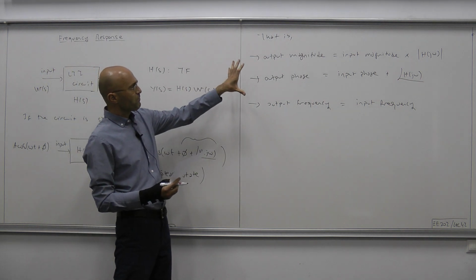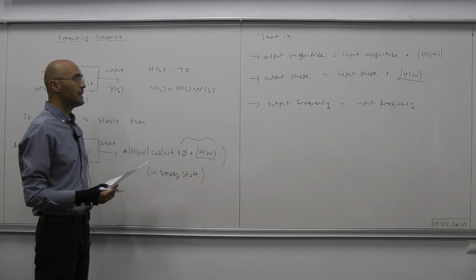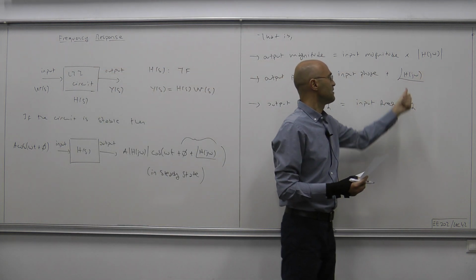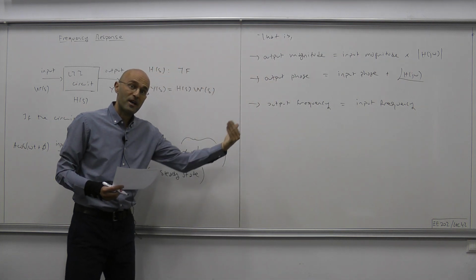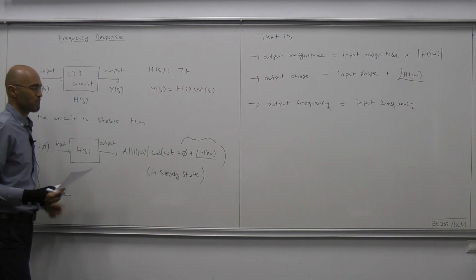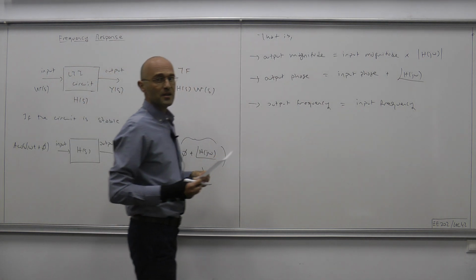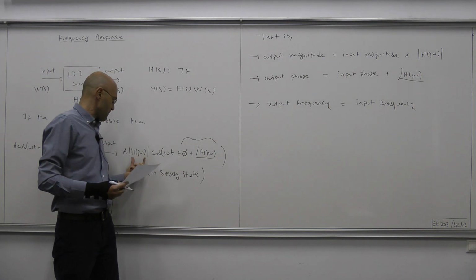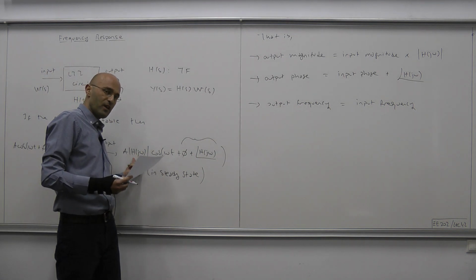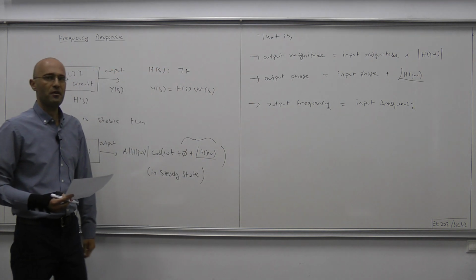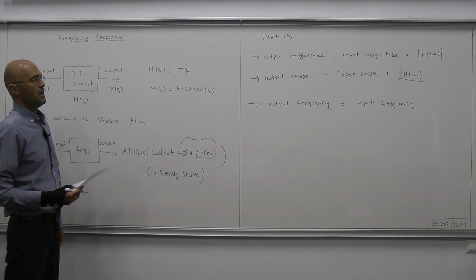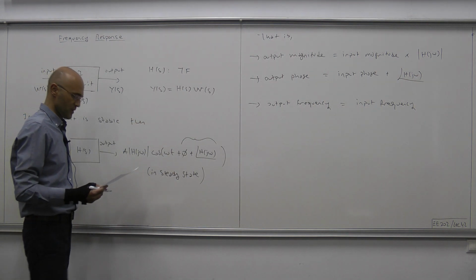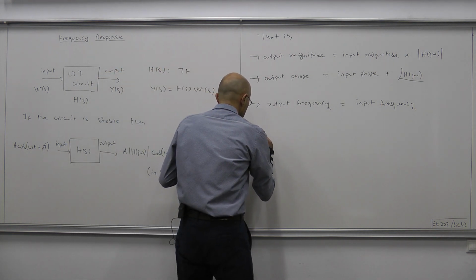Now this observation makes it clear that these things are very important: the magnitude of H(j omega) and the phase of H(j omega) with respect to the input frequency. That motivates us to study that pair, the magnitude of H(j omega) and the phase of H(j omega) with respect to the frequency of oscillations of the input function.